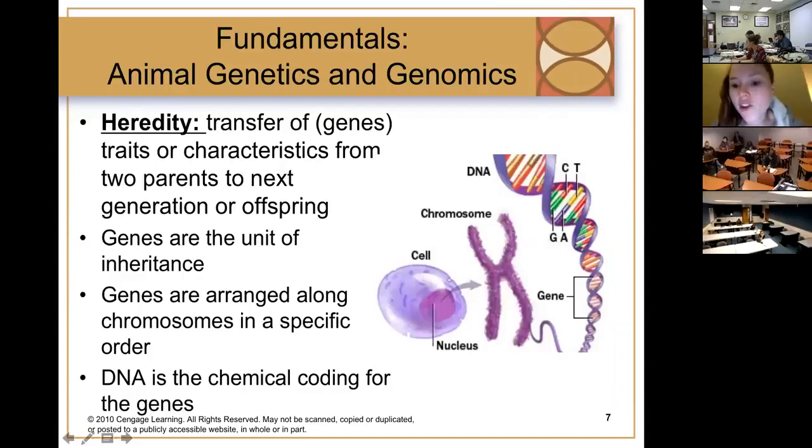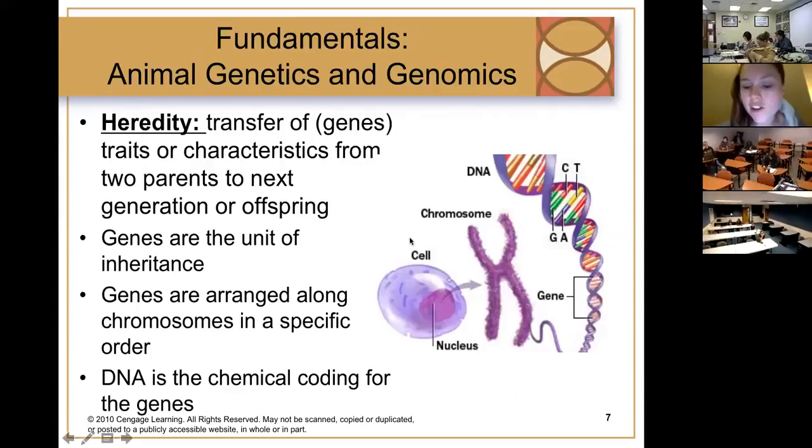On the chromosomes you have genes, which are lined up all along the chromosome, as you can see in the picture. And in the genes, you can see the DNA. Basically, the DNA makes up the genes, which make up the chromosomes, and the chromosomes are housed in the nucleus. That's how the structure works.